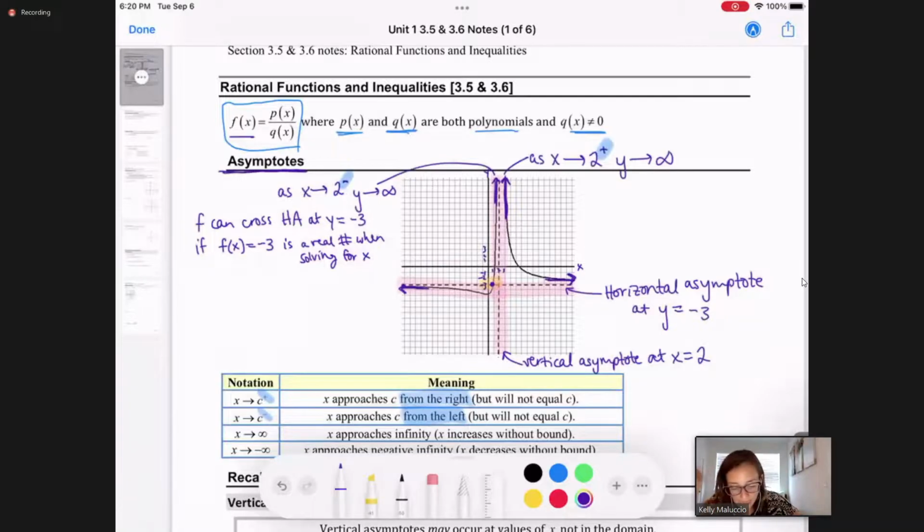But what we can say now, instead of saying from the left and from the right, we would just say as y approaches -3, x approaches this value. And let's see, well, here, let's write this.